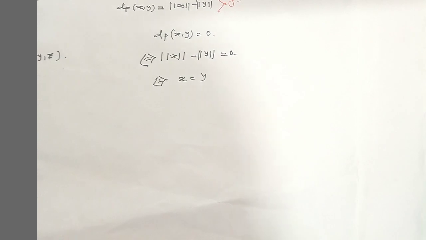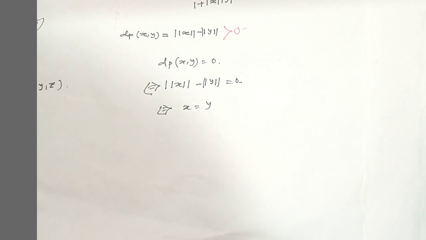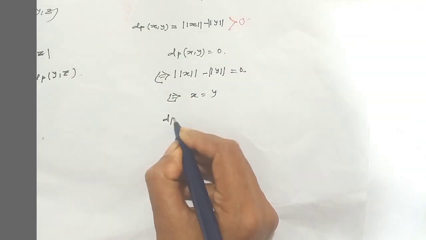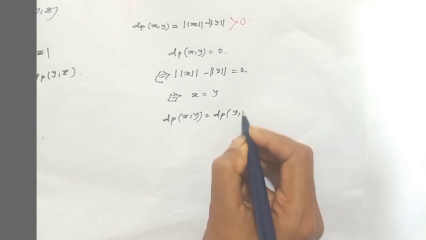That means the first two properties are satisfied. Then the symmetric property is also satisfied: dp(x,y) always equals dp(y,x).